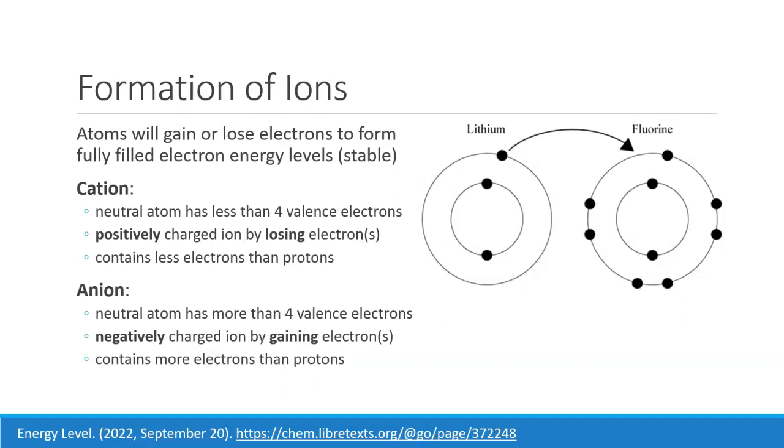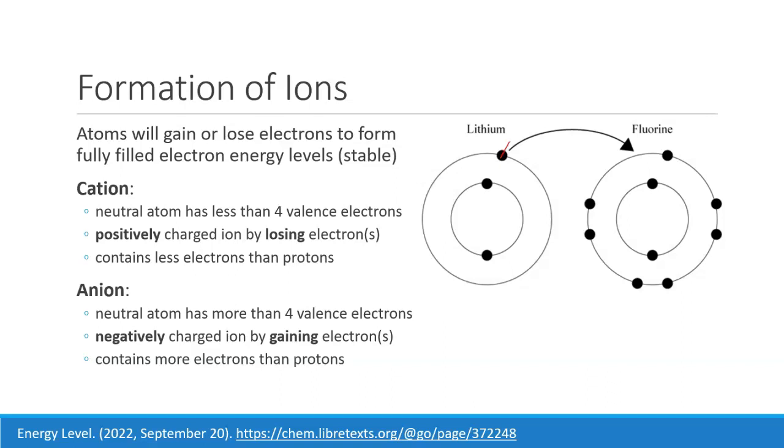So cations are going to be neutral atoms that have less than 4 valence electrons. And if they have less than 4 valence electrons, it's easier for them to lose electrons and drop down to that lower shell and create a positive charge. So in this example, lithium only has 1 valence electron in its outermost shell because it's in that first group of the periodic table.